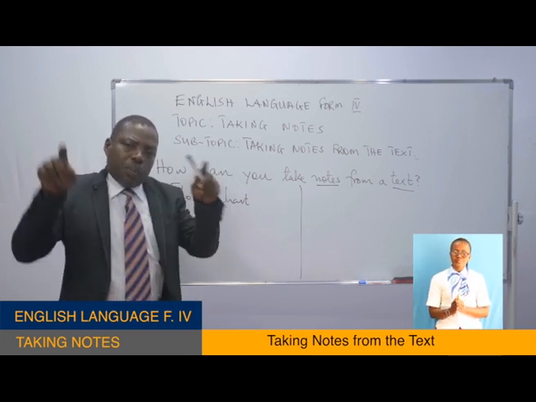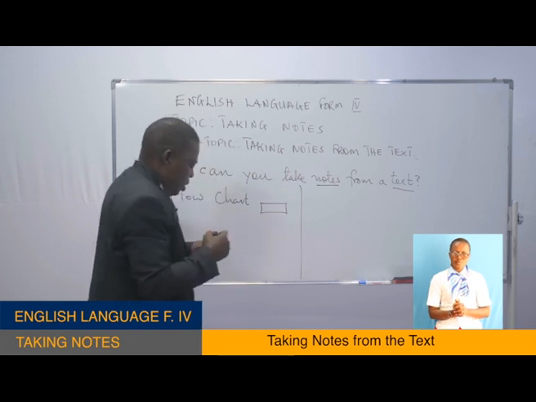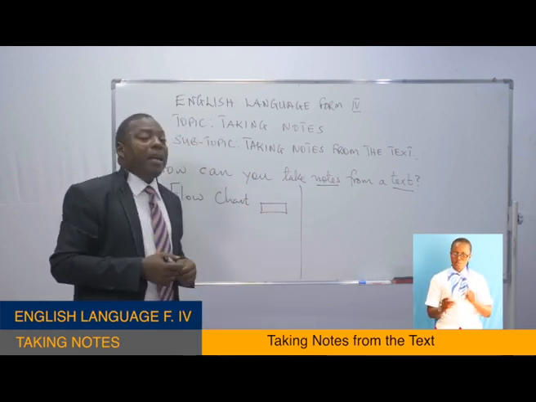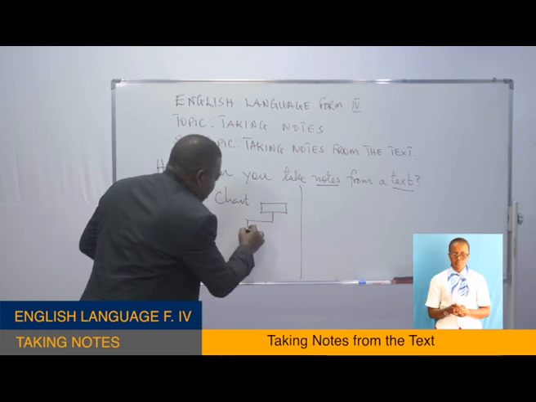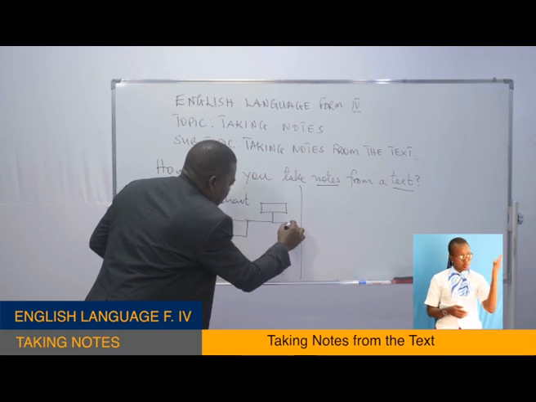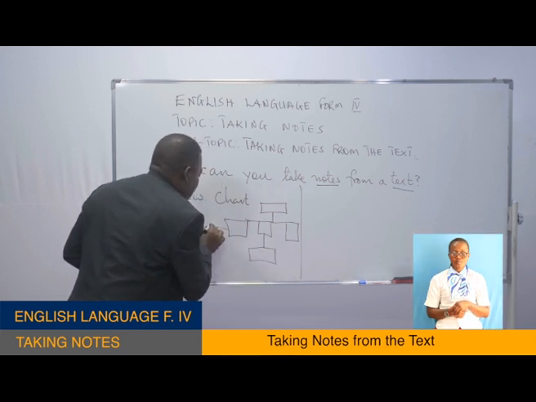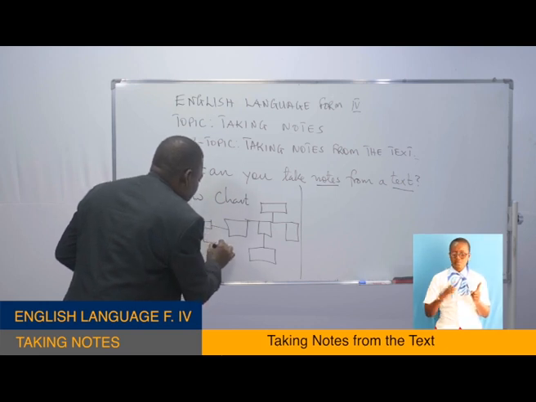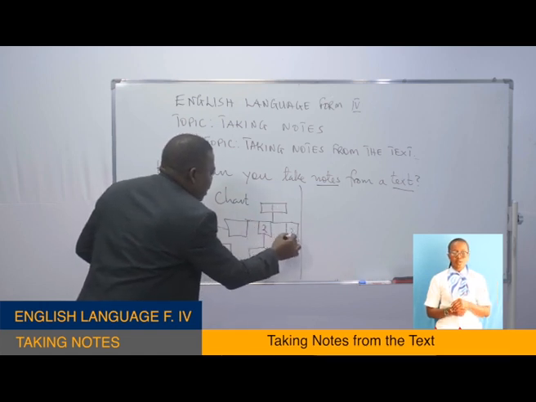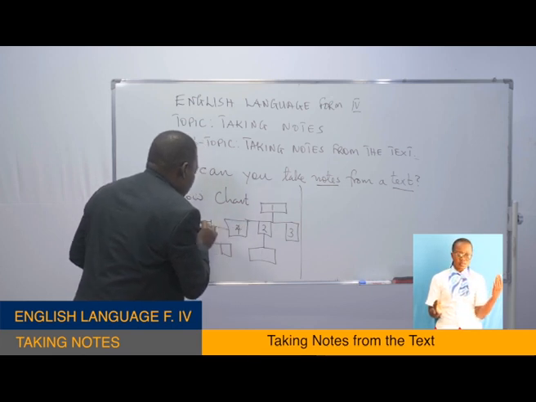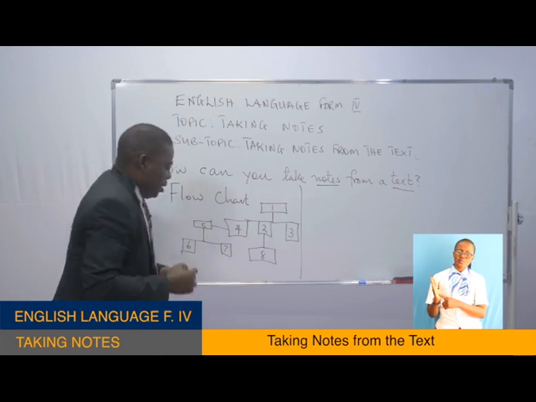For example, you write the main idea somewhere there, and then you talk about it having branches like this, as you are listing and presenting different information in these different boxes.